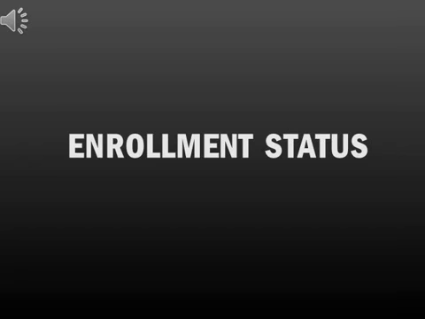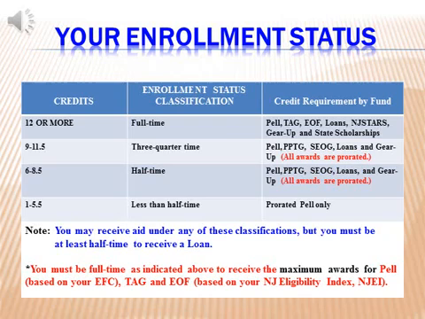Enrollment status. See table. Note: you do not have to be full-time to receive Pell, part-time TAG, SEOG, and loans, but you must be at least half-time to receive a loan.